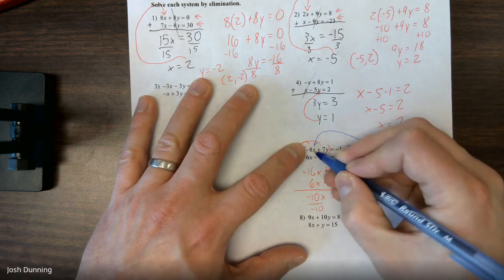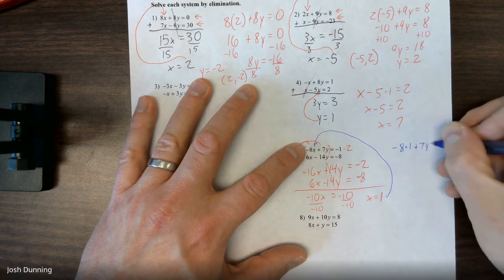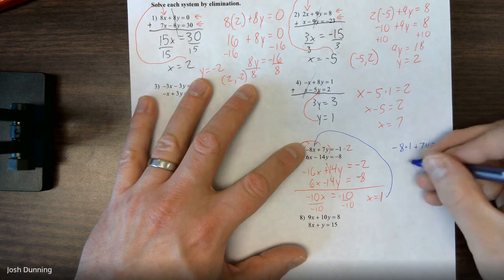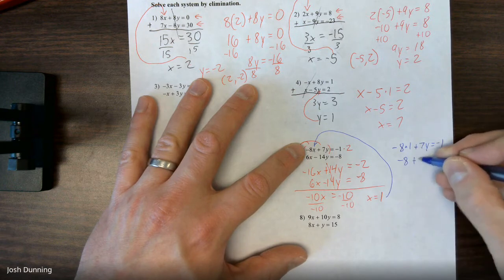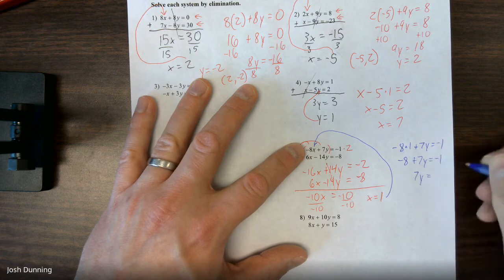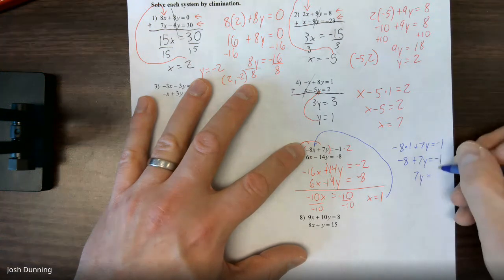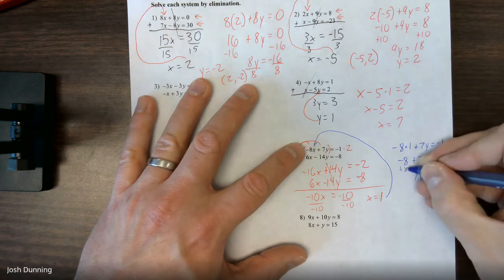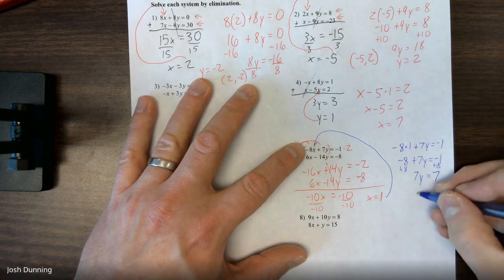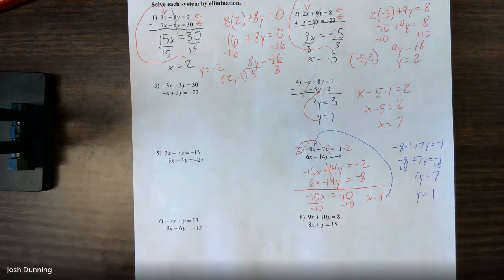So negative 8 times 1. Copy the rest of it down. Negative 8 times 1 is negative 8. We're going to add 8. Negative 1 plus 8 is 7. Again, this is just a two-step equation. Add 8, then divide. You get 1.